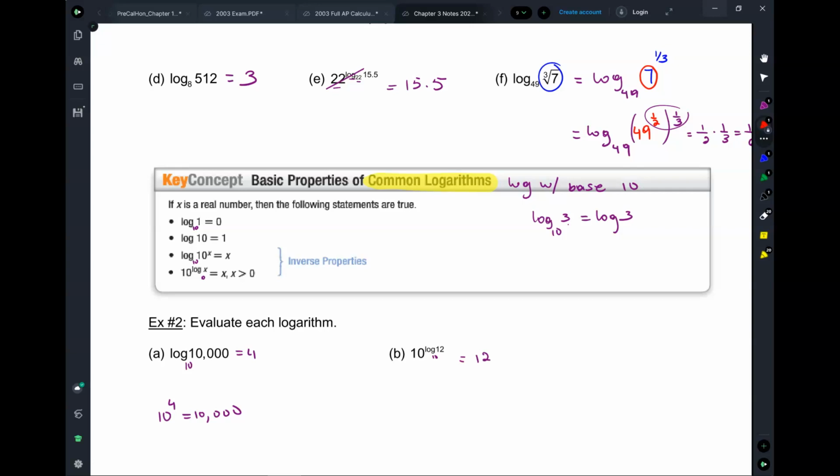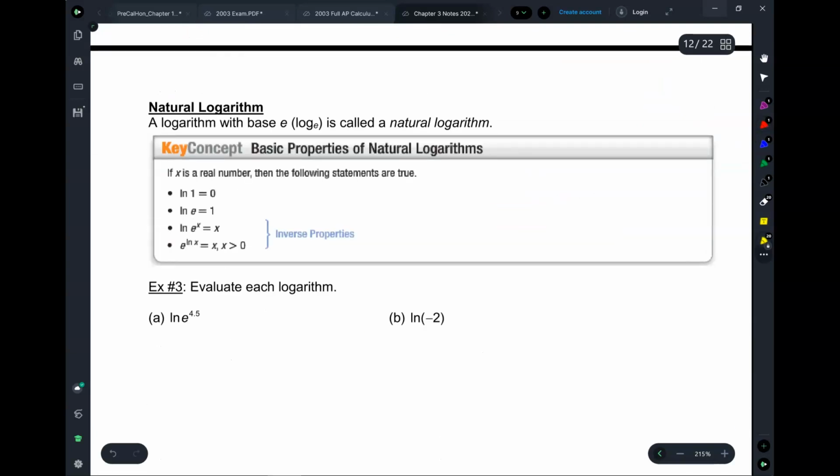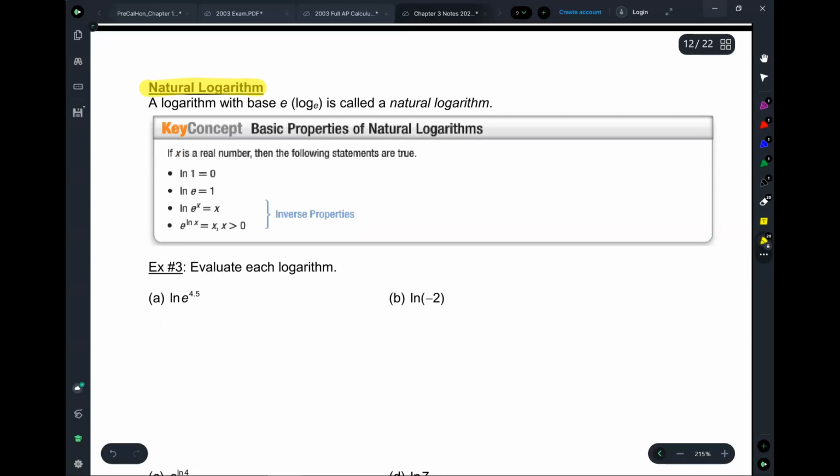And that's why that's the natural base, and logarithms with a base of e are called natural logarithms.